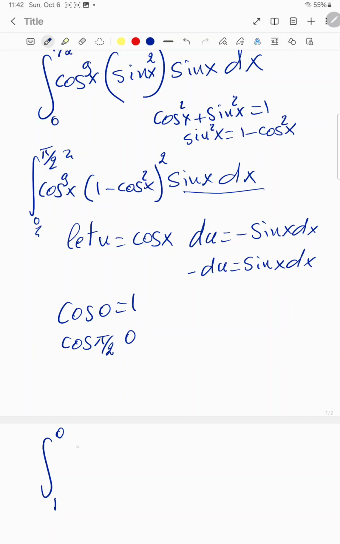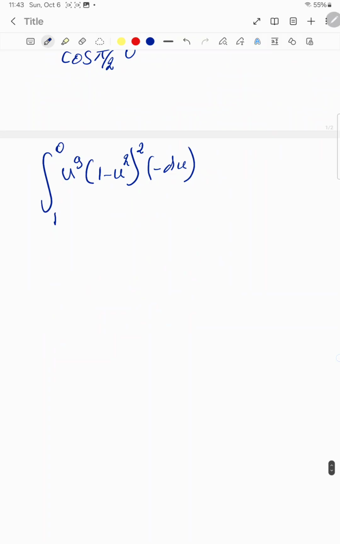And then let's write it. It becomes the integral of u to the power of 9, 1 minus u squared, all that to the power of 2, times minus du. But usually, I have to put the lower number in the lower place of my integral and the upper number on top.